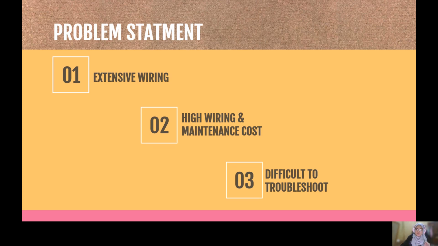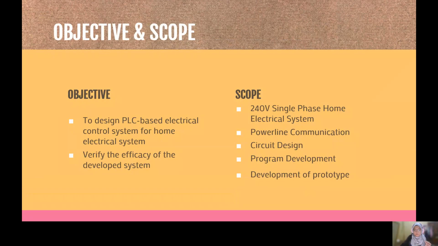So now, let's move on to the objective and scope. The objective of this project is, of course, to design a PLC-based electrical control system for home electrical system. Next, the objective of this project is also to verify the efficacy of the developed system so that we can use this technology worldwide.